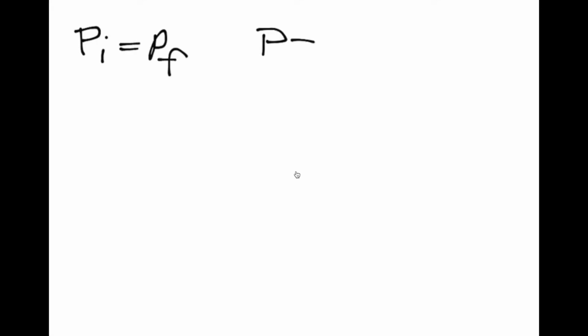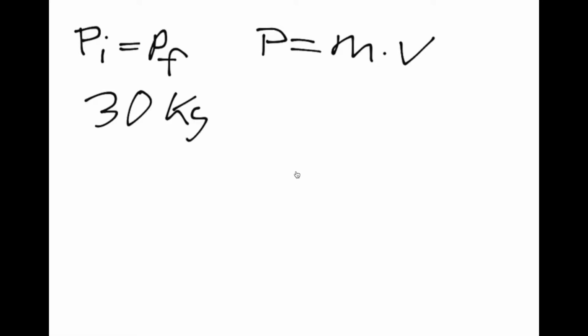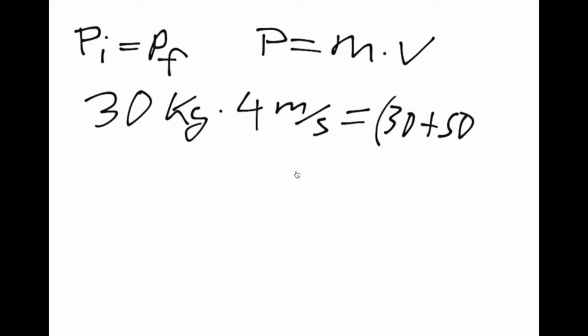We know that momentum is equal to mass times velocity, and we know that the child has the initial momentum because the sled has zero velocity at the beginning. So it's 30 kilograms times the 4 meters per second, and this is the momentum of the child, which equals the 30 kilograms of the child plus the 50 kilograms from the sled, all times Vf.